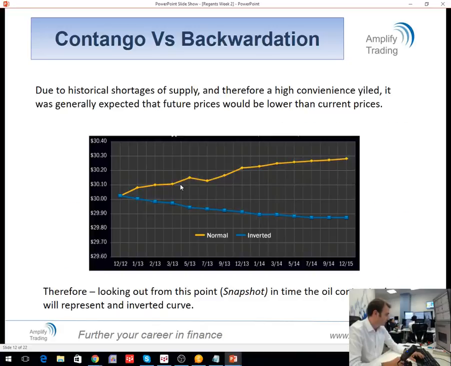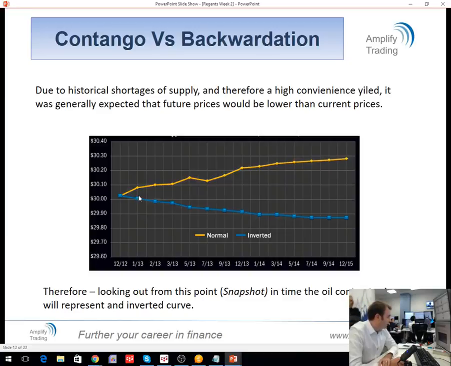Let me give you an example. What you have here are two types of curve. One's a normal curve and one's an inverted curve. This normal curve means that from today, prices are moving higher over time. So you might have December oil contracts trading significantly above now. The yellow line here is a normal curve, if you like.